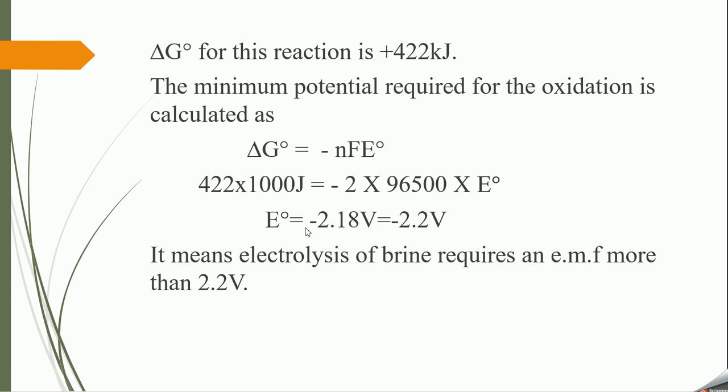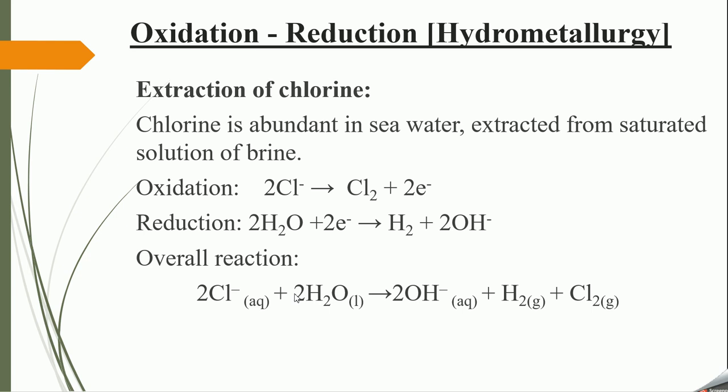Hence, E naught is equal to minus 2.18 volt, which is equivalent to minus 2.2 volt. This indicates electrolysis of brine requires an EMF more than 2.2 volt. So this is about extraction of chlorine from brine solution. This is an example for non-metal under oxidation reduction method.